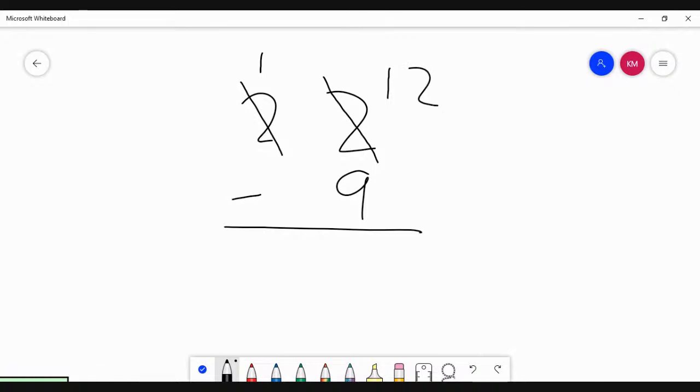So literally you are taking 10 from the first number and adding it to the second number in order to subtract your 9 from the 12. So 12 minus 9 leaves me with 3. And since I have 1 left over, I'll bring down my 1.